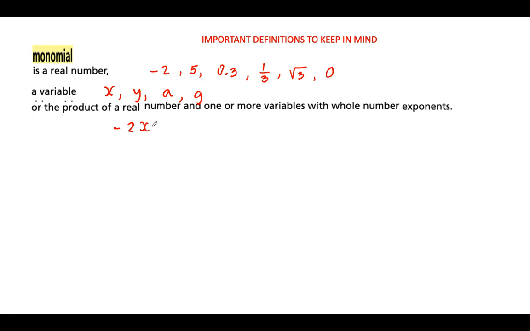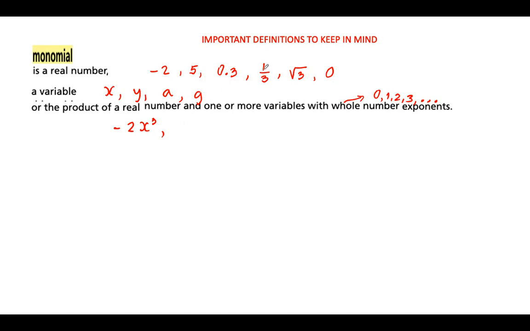Again, the exponent here needs to be a whole number. Please remember, whole numbers are 0, 1, 2, 3, and so on. So you cannot choose this exponent to be a decimal. You can choose it to be 3, and that will be an example of a monomial.